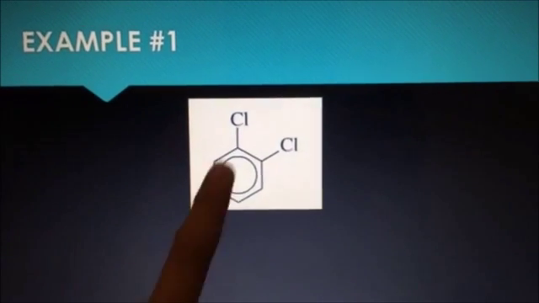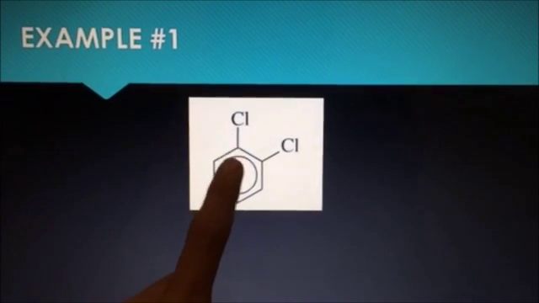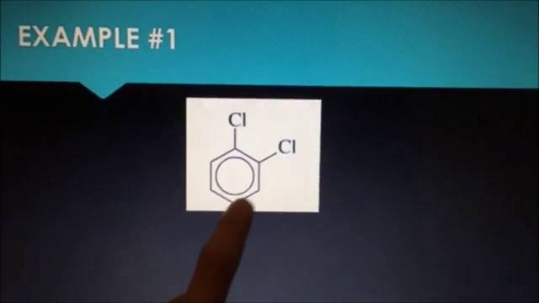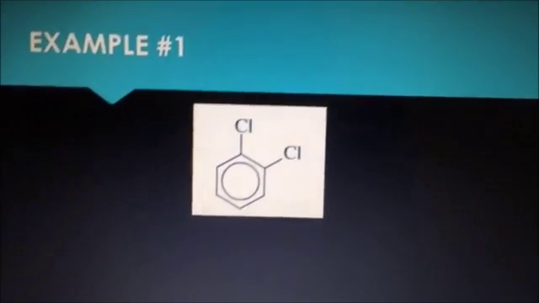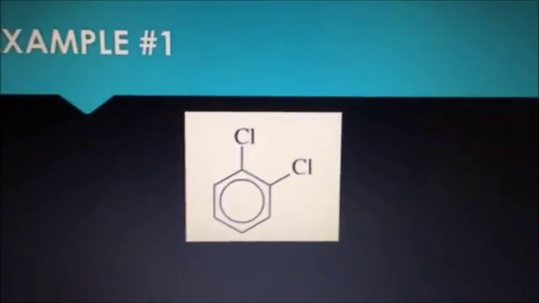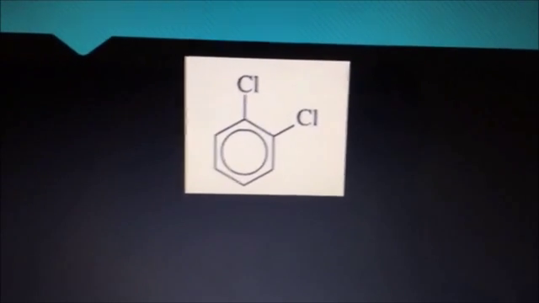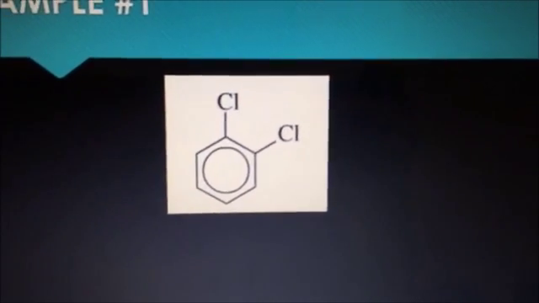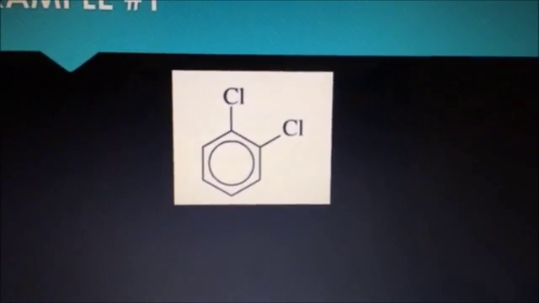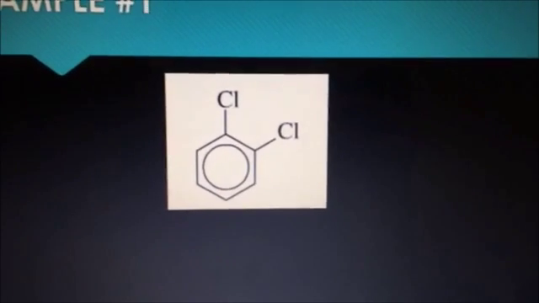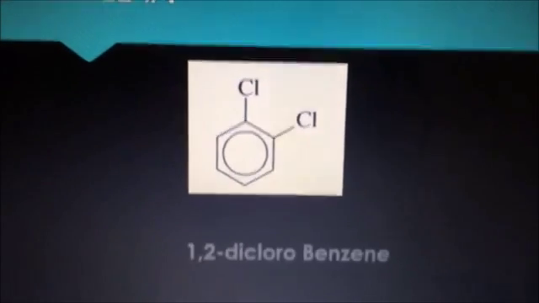It means that if here I have 1 chloro, I don't have to number 1, 2, 3, 4, 5, and 6, because that is many more numbers, if we can make this chloro the number 1 and this one the number 2. So in the formula we can write 1,2, and we are going to add the prefix di because of the 2 chloros, and benzene. And here is the answer.